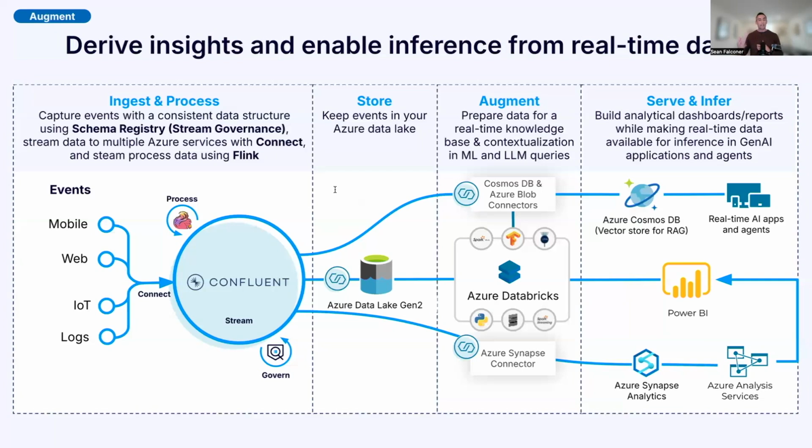Essentially, you're getting more value out of the things that you are typically doing within the data layer, but being able to feed that back into your applications and actually have an impact with your customers in a much faster way.